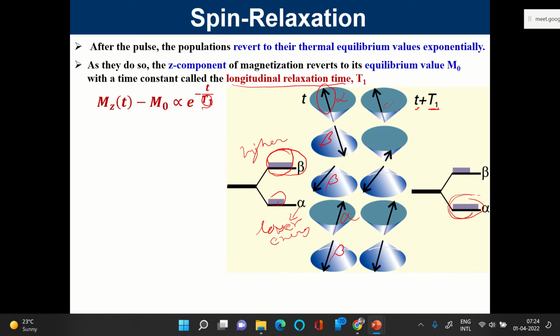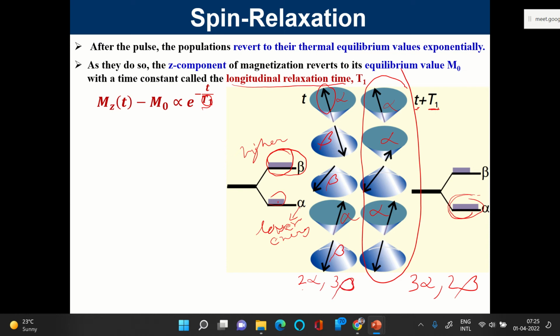See, alpha, alpha, this is also alpha, so out of 5, 3 are alpha and 2 are beta. Initially, at the time of application of the pulse, it was 2 alpha and 3 beta. So the population has now changed.